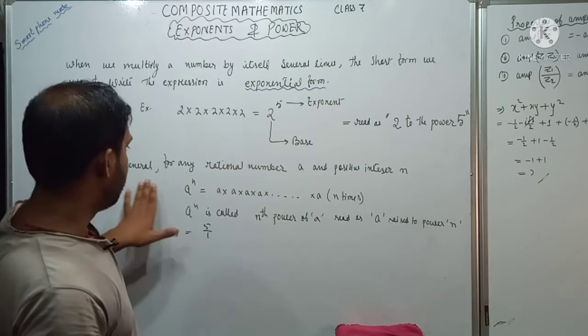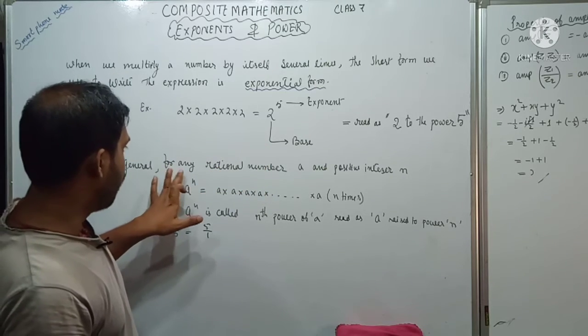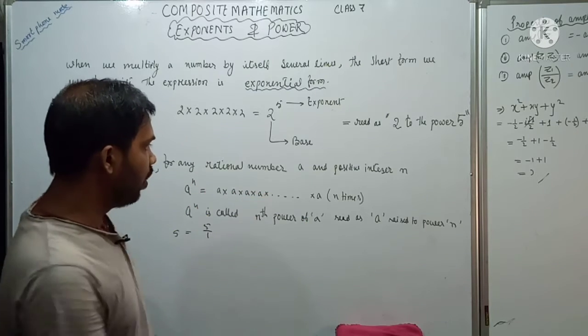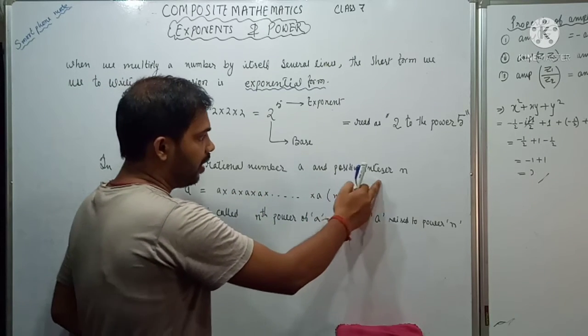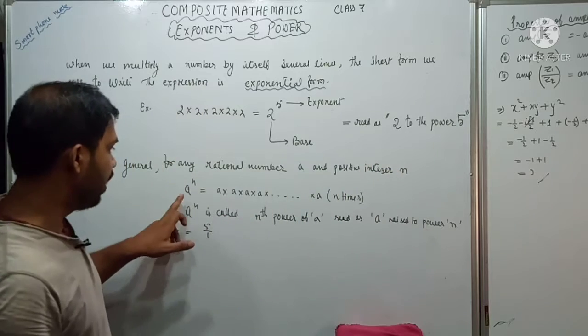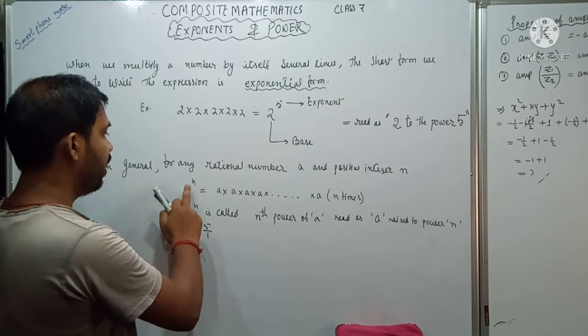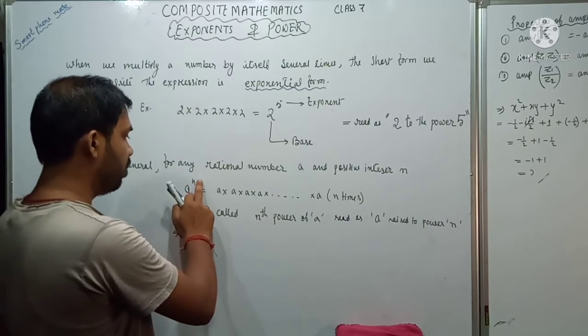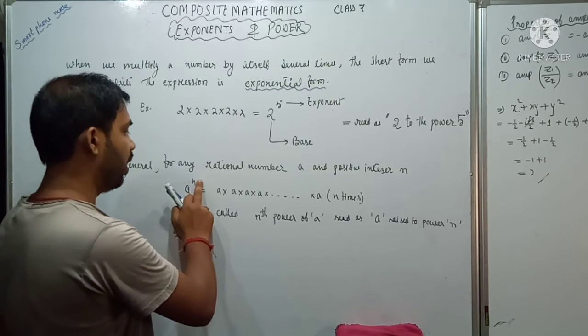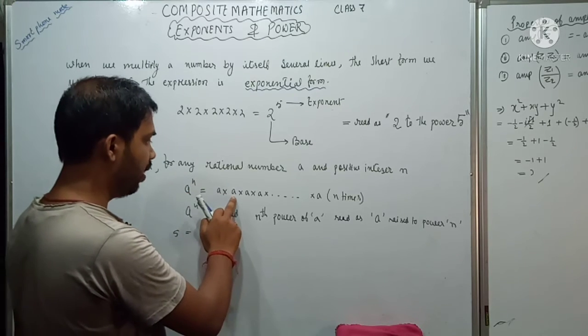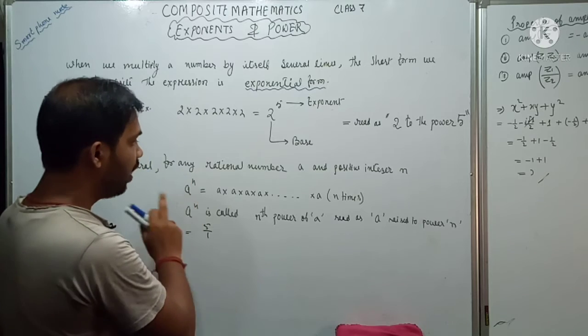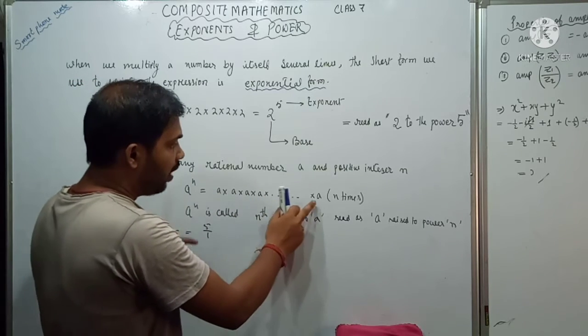Now in general, for any rational number a and a positive integer n, how can we write a power n? a power n, or a raised to the power n, or a to the power n, can be written as a into a into a and so on, meaning a is multiplied n times.